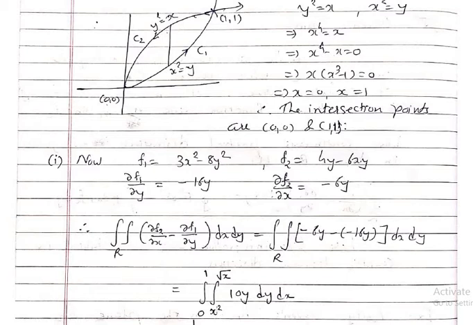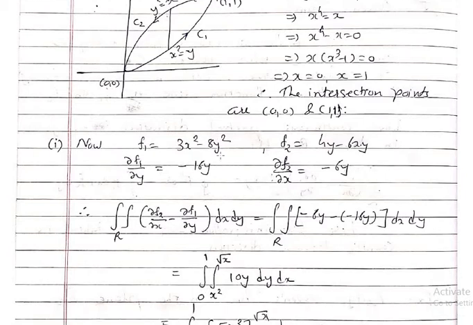So limit of y is x square to root x, and limit of x, the minimum value of x in the region is 0 and maximum value of x in the region is 1. That means this strip is moving from minimum 0 to 1. So limit of x will be 0 to 1.